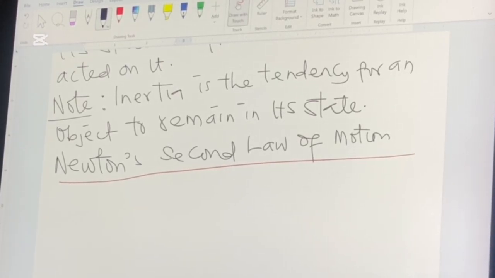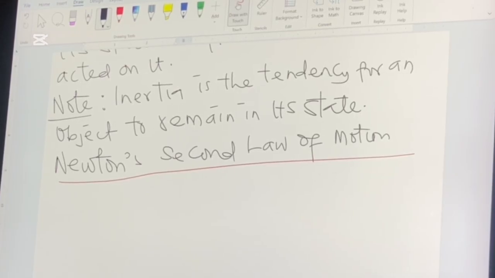It states that the rate of change of momentum is proportional to an external force.